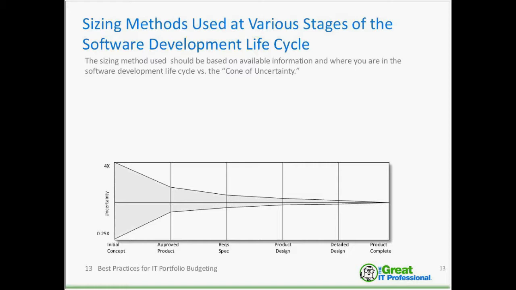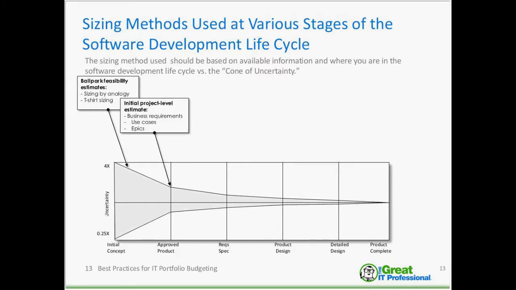We're usually using analogy-based or what I'll call square footage-based size metrics. That's basically all we have available to us based on the knowledge that we have at those early parts of the life cycle.